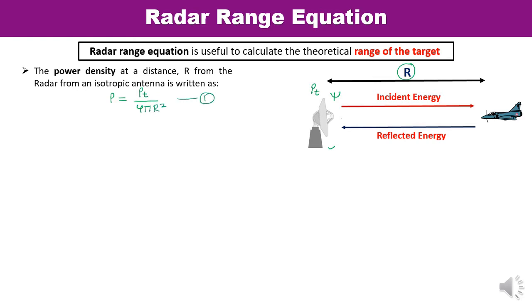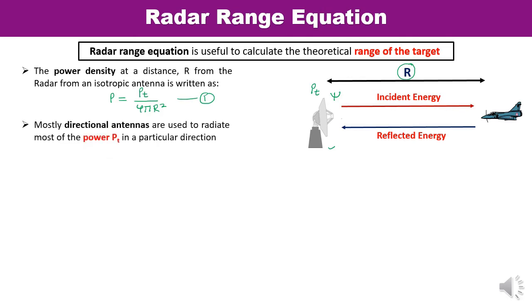The antennas used in radar are mostly directional antennas. A directional antenna has the capability to radiate most of the power in a particular direction.